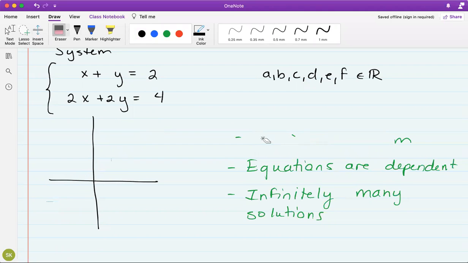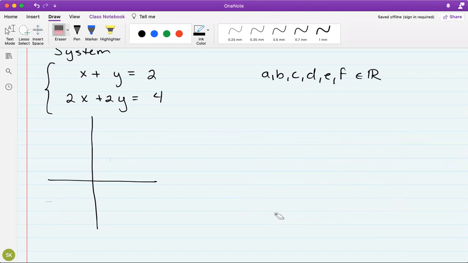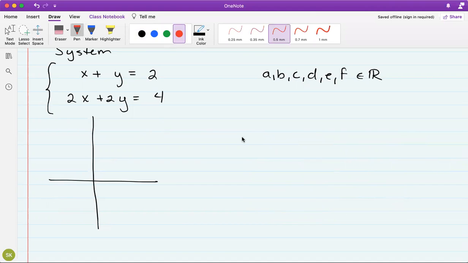When do you think you're going to have no solutions? What kind of lines would these be? So you're going to have an inconsistent system, which means you're going to have no solution.